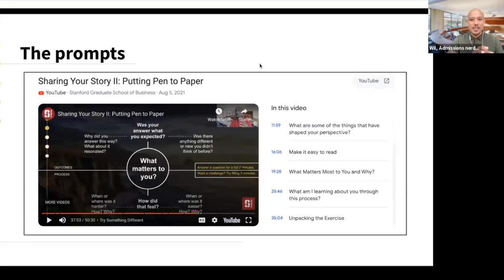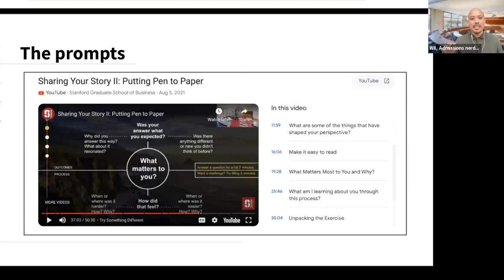Here's a framework that I use there, using the what matters most to you and why prompt. We lower the stakes and say, what matters to you in this moment? Go through an exercise and write through it. And then from there, ask ourselves some follow-up questions about the experience.